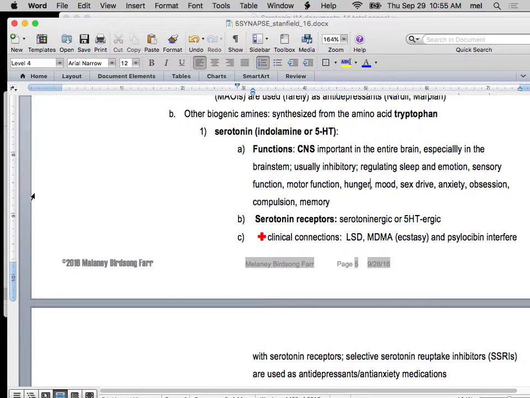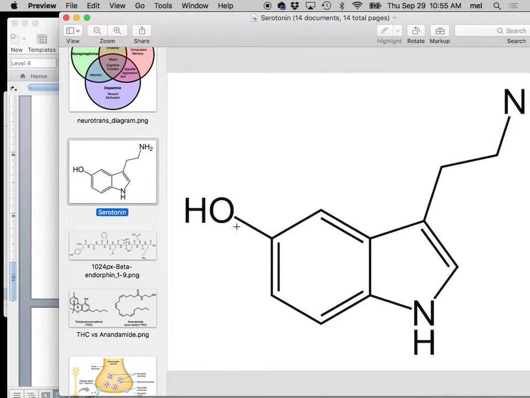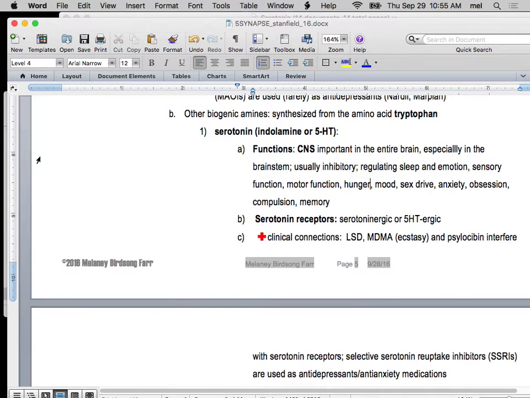For those of you who care about the chemistry, and I know some of you just hate that I keep showing chemistry pictures, but what else am I going to show in here? It doesn't make for good pictures. Serotonin is actually 5-hydroxytryptophan. For those of you who know a little chemistry, all you do is slap a hydroxyl group on the 5-carbon. So it's just like tryptophan with a hydroxyl group there.